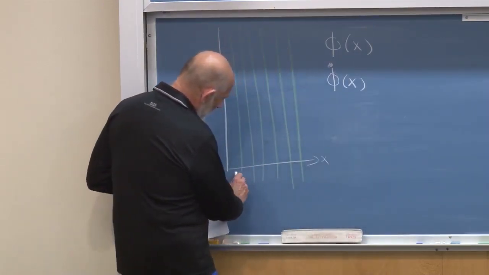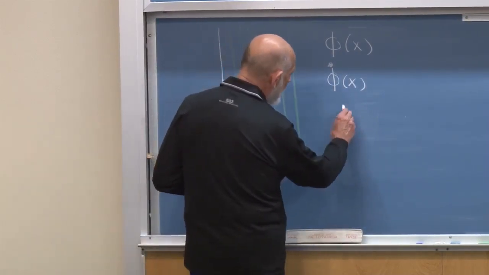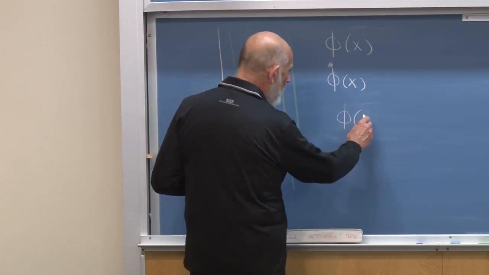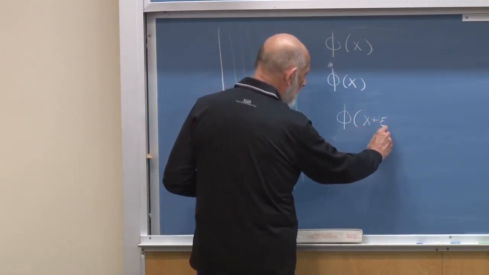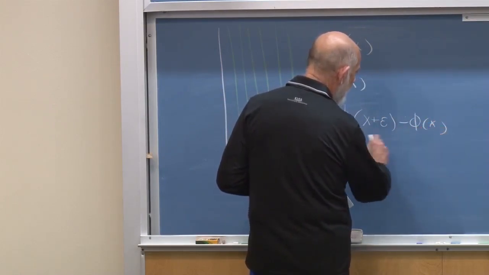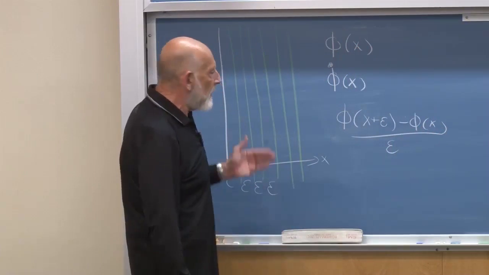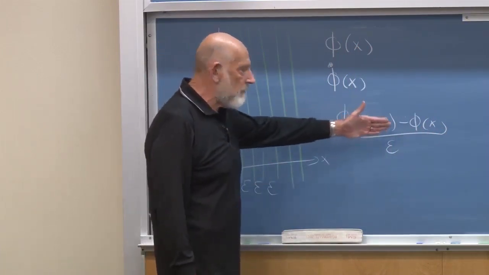Let's say the distance between these points is called epsilon, where epsilon is small. It's really a way of writing phi at a point x plus epsilon minus phi at a point x, divided by epsilon. And so the derivative is really just a function of the phi's.